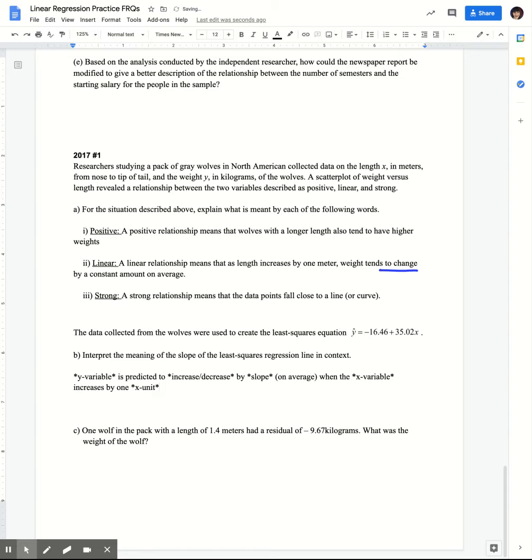Okay, so for this problem, the y variable is weight. Okay, so weight of wolves in kilograms is predicted to increase, right? Because if you look, my slope is right here, 35.02.